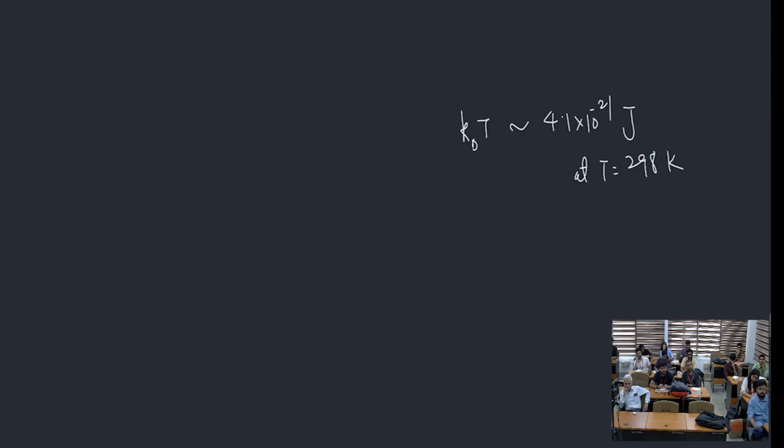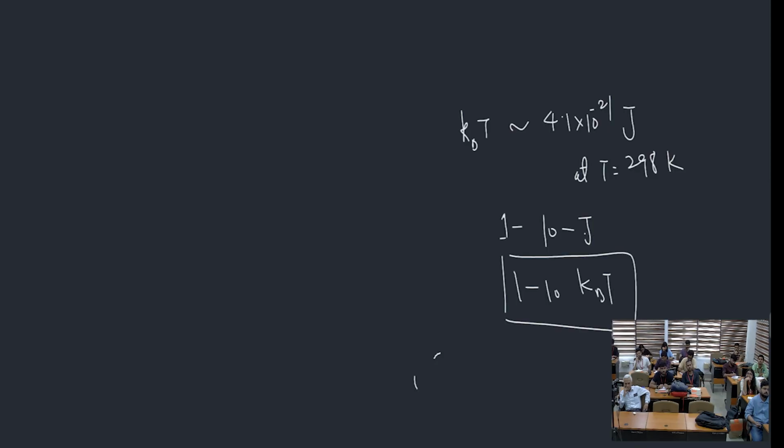Now, the energy which is required to disturb a single component of a soft matter is broadly of the order of 1 to 10 kBT. So you can understand that the thermal energy at temperature 298 Kelvin is 4.1 × 10^-21 joule.